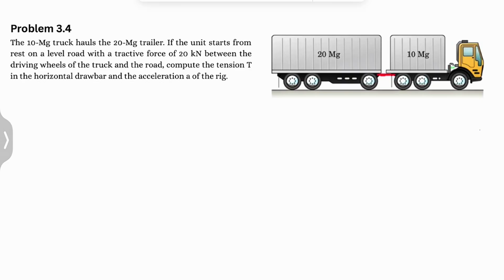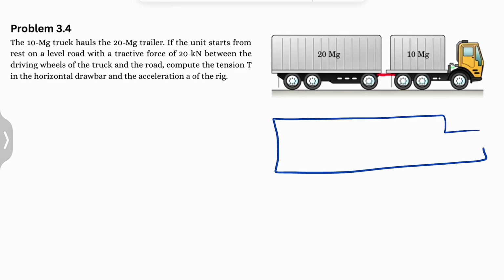The truck is moving, so our first step, always, is to draw the free body diagram for the entire system. We assume one single object with different forces: 10 megagrams here, and 20 megagrams here. We have the tractive force of 20 kilonewtons, which brings the system to the right.